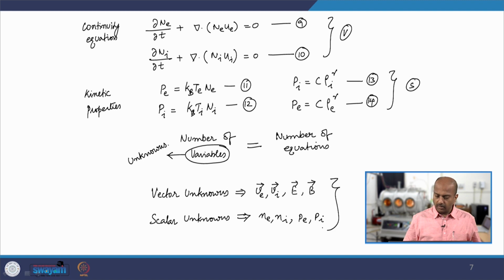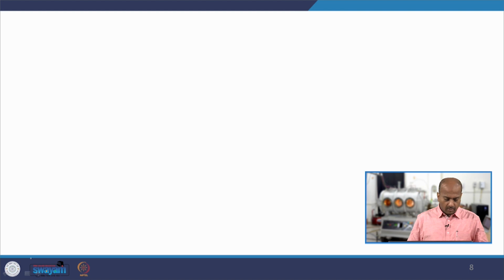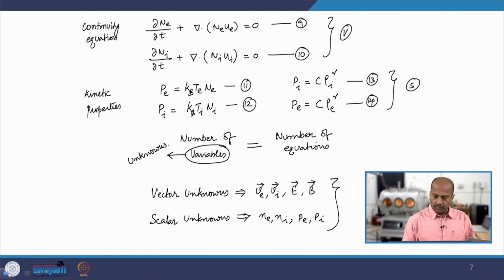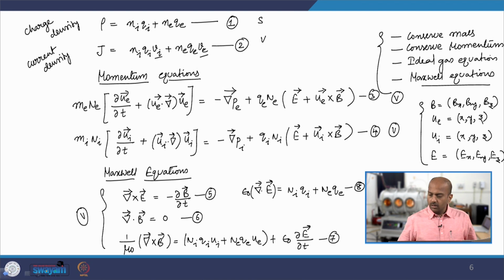In essence, we have variables which are scalars and vectors. In total we have 16 unknowns. Let us see how: we have 3-component magnetic field, 3-component ion velocity, 3-component electron velocity, and 3-component electric field.